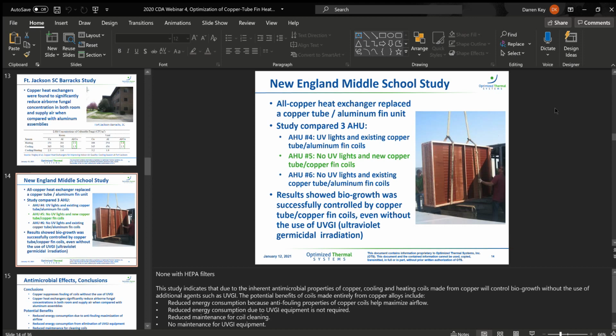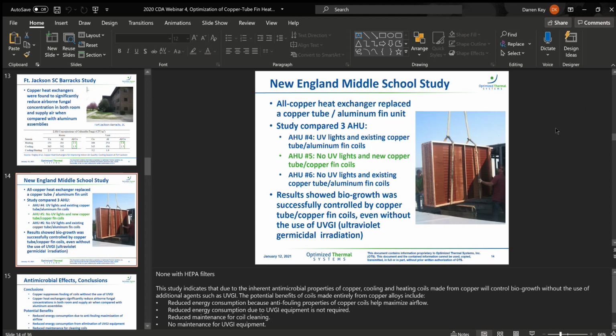This study looked at 3 identical air handling units. The first one used the existing copper tube and aluminum fin heat exchanger with UV lights. UV lights are commonly used to suppress biofouling on coils. Air handling unit number 5, the second one in the study, had no UV lights and 100% copper or copper alloy, copper tube and copper fin coils.